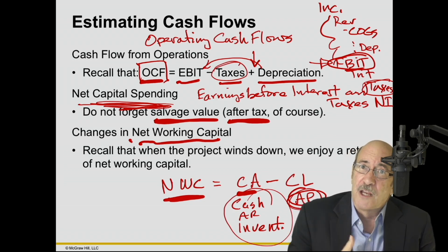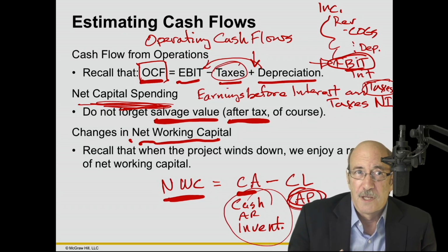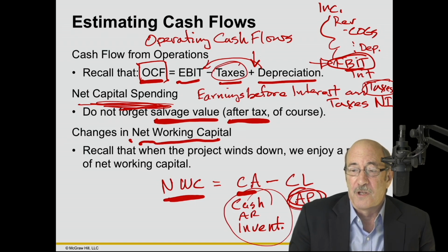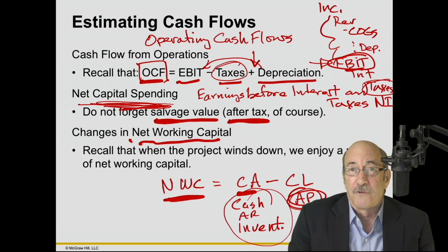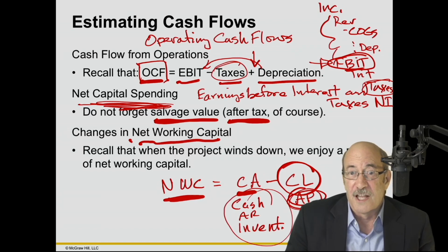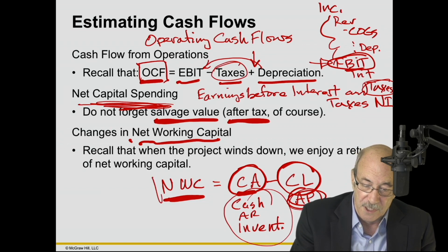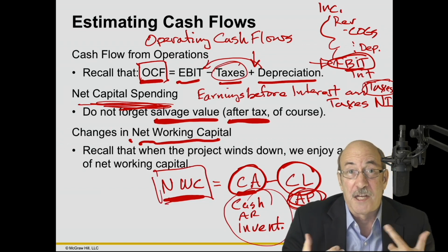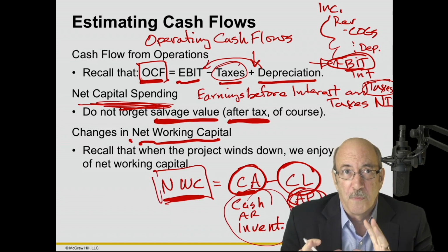We buy something from another company, and that company says, okay, we'll invoice you for that, and you've got to pay us within 30 days or within X number of weeks or whatever the agreement is. Well, in the meantime, they're basically financing that piece of it for us. But typically, the current liability is less than the current asset. So there's still a piece of it. That piece of it is what we call net working capital that we have to finance with our own money. Whether it's equity or debt doesn't matter at the moment. We'll talk about that too.